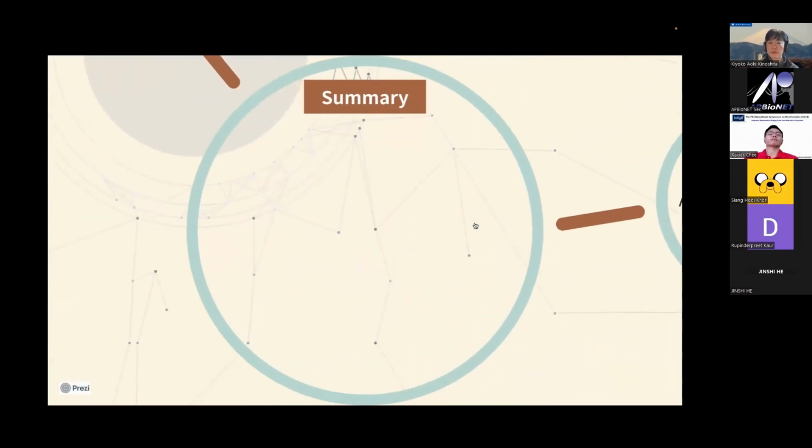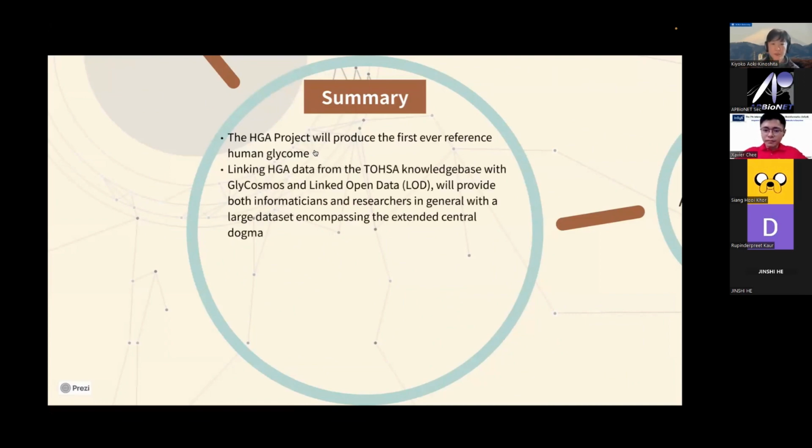So in summary, the HGA project will produce the first ever reference human gene glycome, I hope. That's the goal, to be able to provide that by the 5th year.